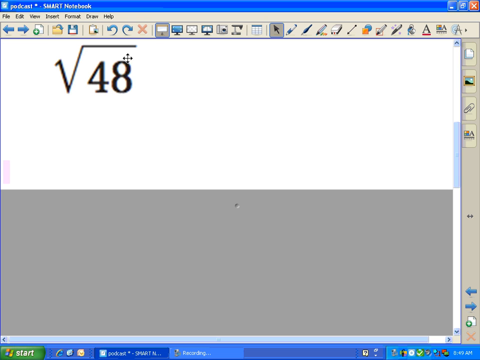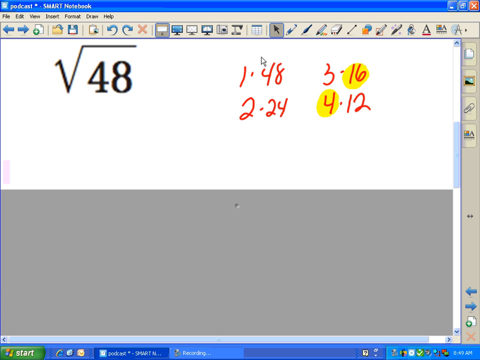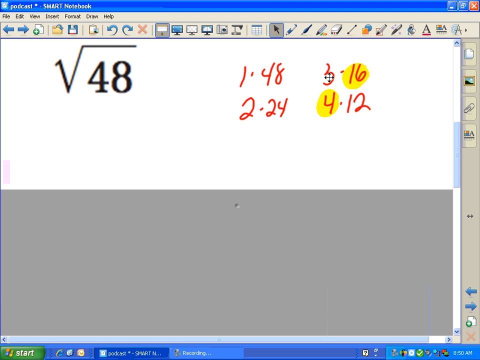The square root of 48. I can multiply 1 times 48, 2 times 24, 3 times 16, 4 times 12. Well, I have a couple choices here. 16 is a perfect square, and so is 4. I'm going to use 3 times 16.